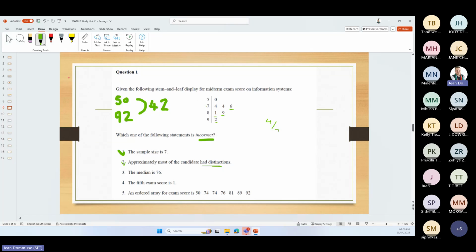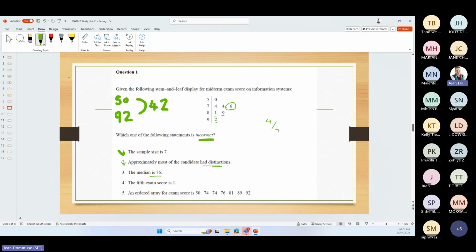But again, I would love it if something like this in the exam actually tells you what number you're looking for. So is a distinction 80? Is it 75? Median is the one in the middle. So if we have 7 numbers, the median is the 4th number.